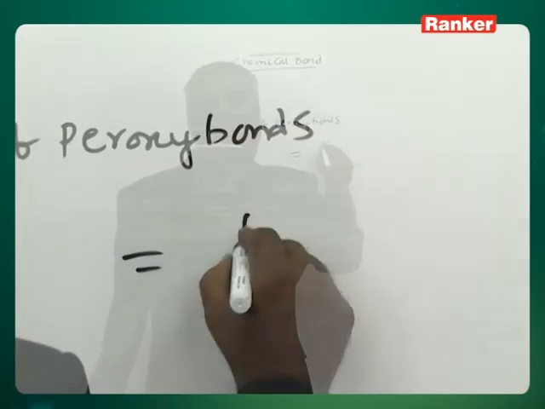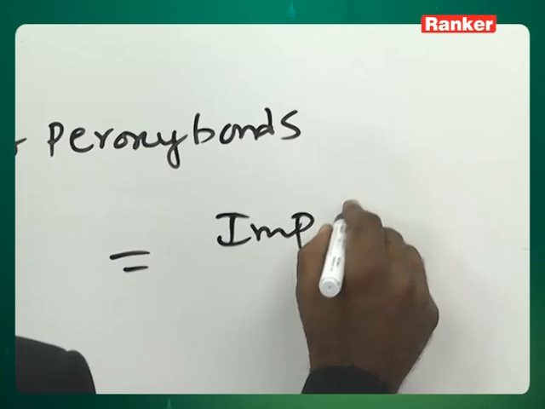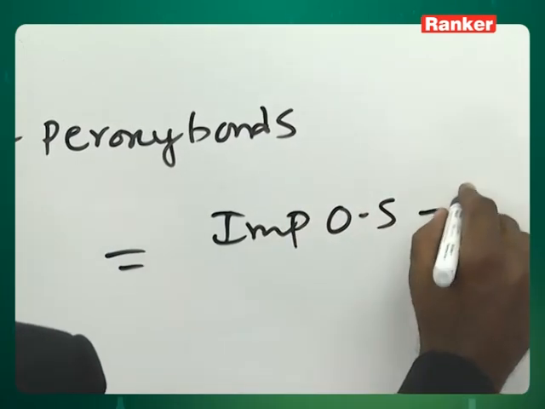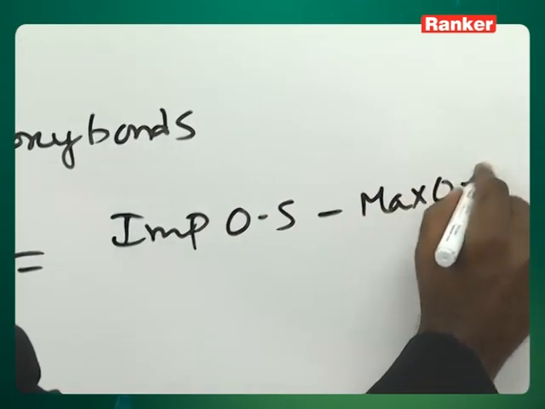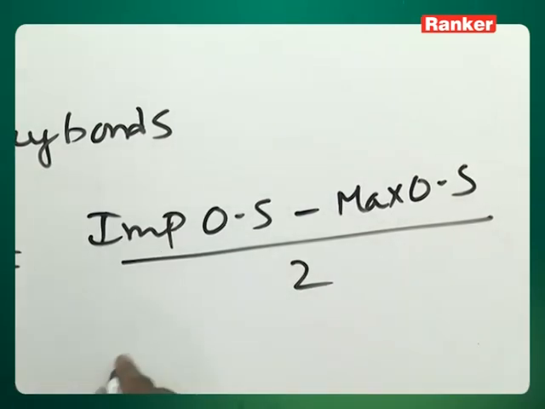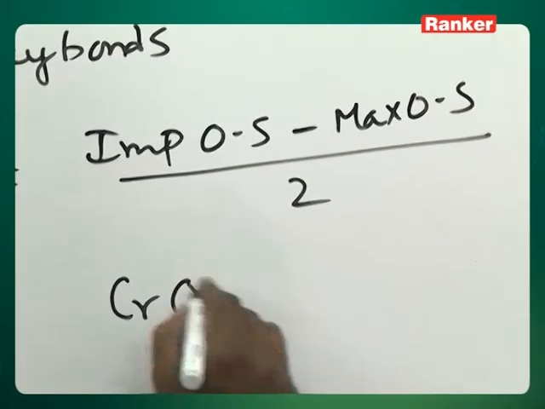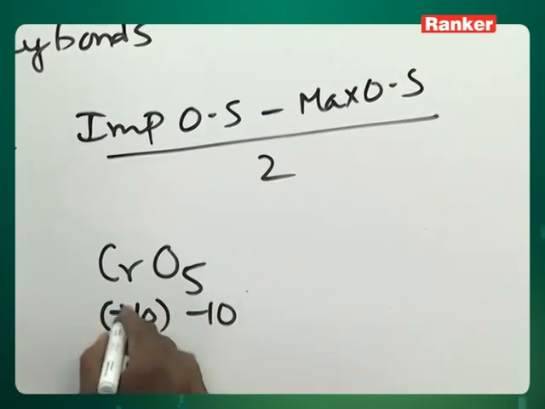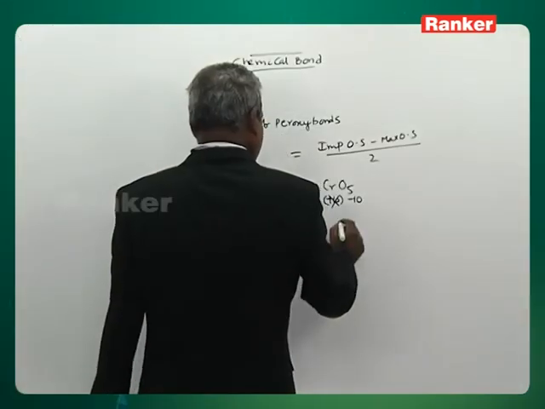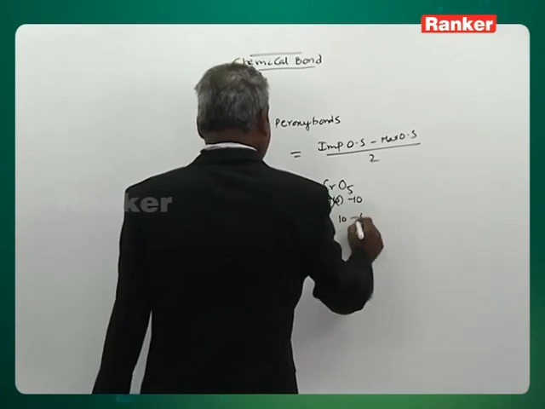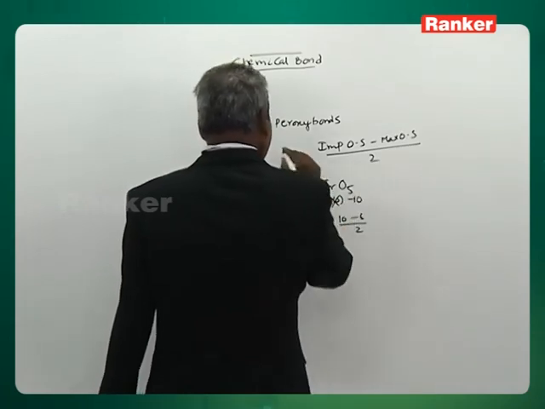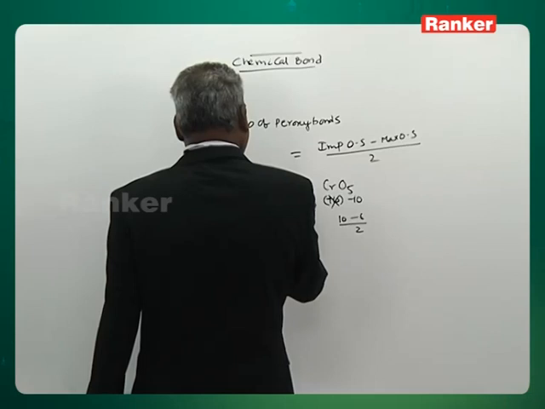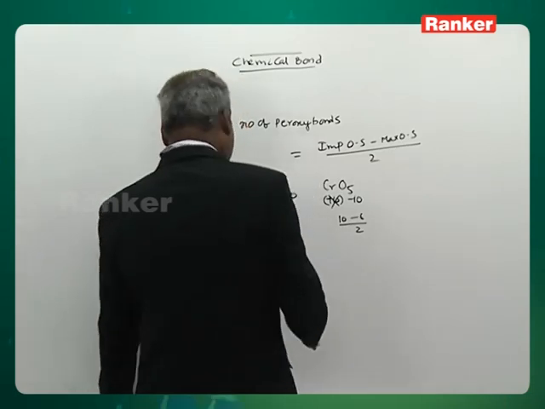So, impossible oxidation state minus maximum oxidation state, divided by 2. That is CrO5: plus 10 is impossible, maximum is 6, so 10 minus 6 by 2. There are 2 peroxy bonds, that way you have 2 oxygen-oxygen single bonds.